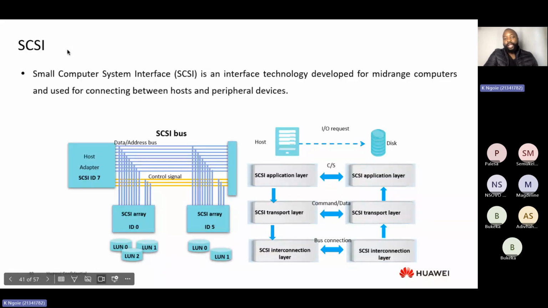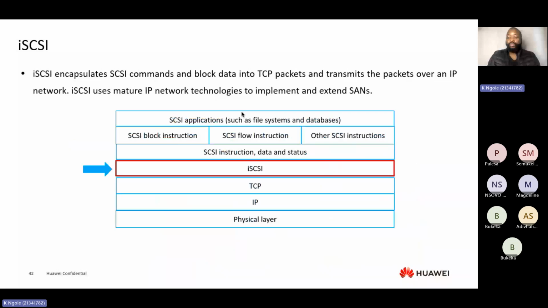That chip helps you connect the computer or the server itself and the devices, which can be your external devices and all those devices. And then you have the iSCSI, which will encapsulate the SCSI command.